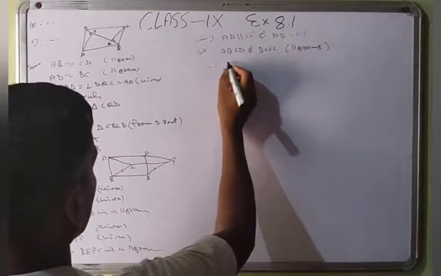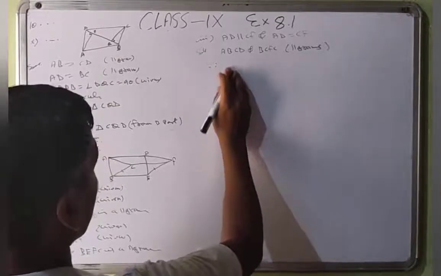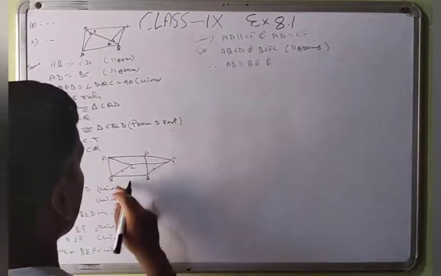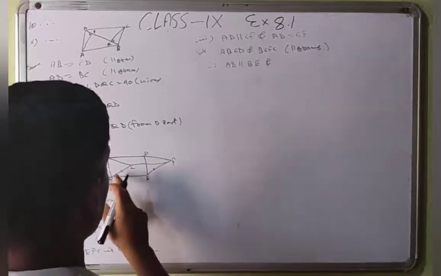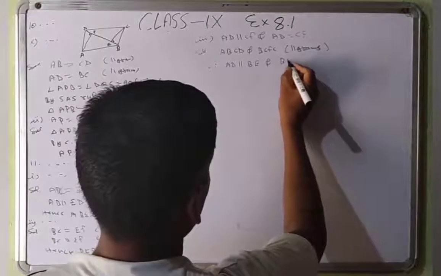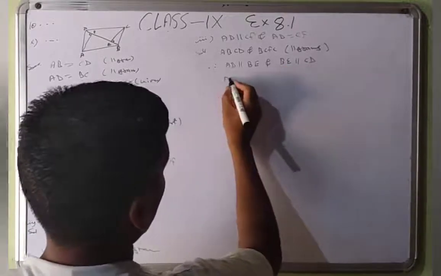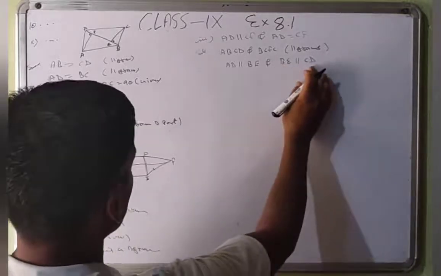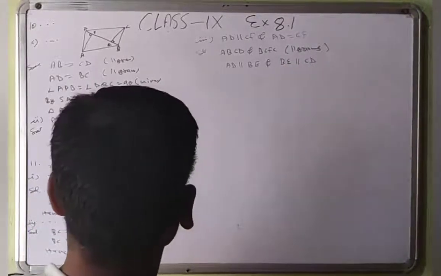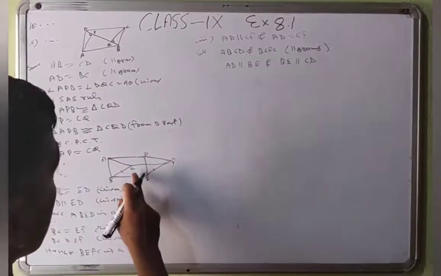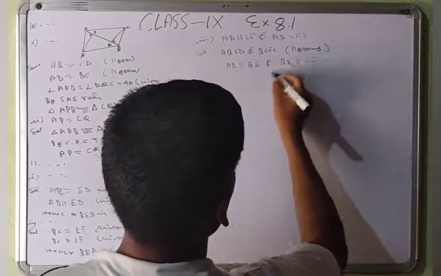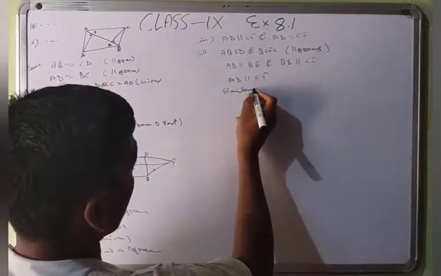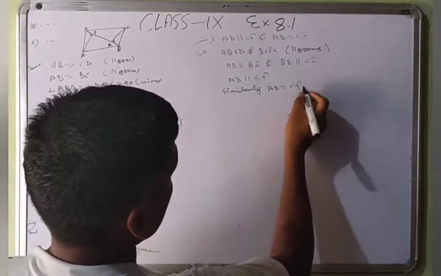So AD is parallel to BE and BE is parallel to CF. If AD is parallel to BE and BE is parallel to CF, then BE cancels out, so AD is parallel to CF. And similarly, AD is equal to CF.